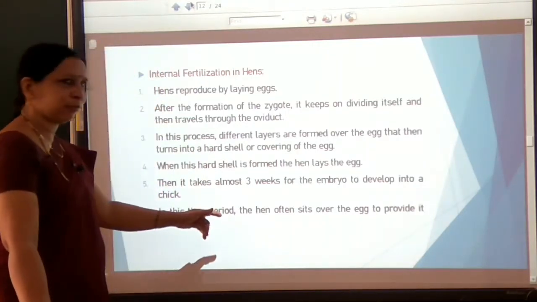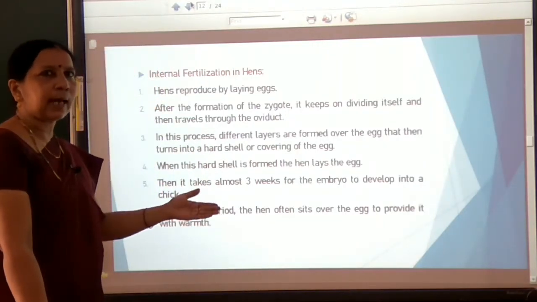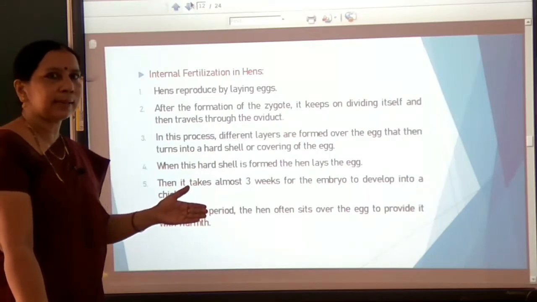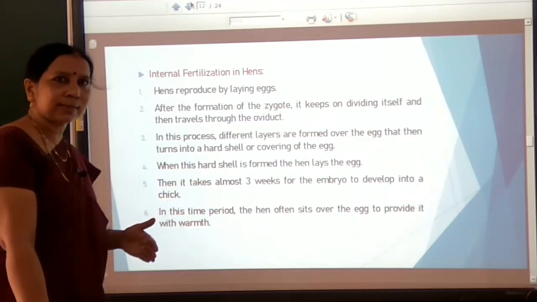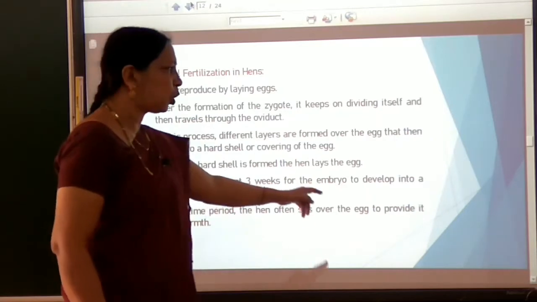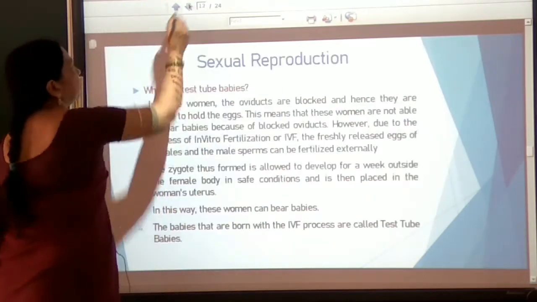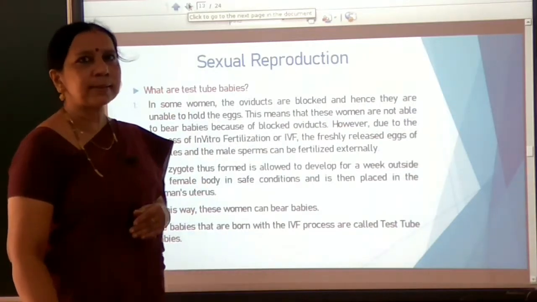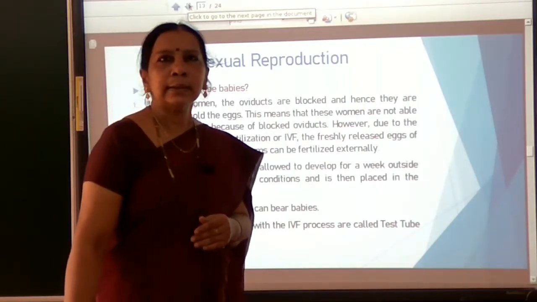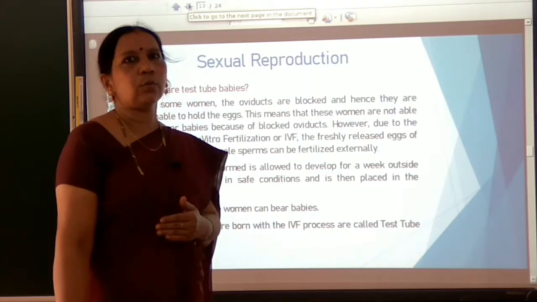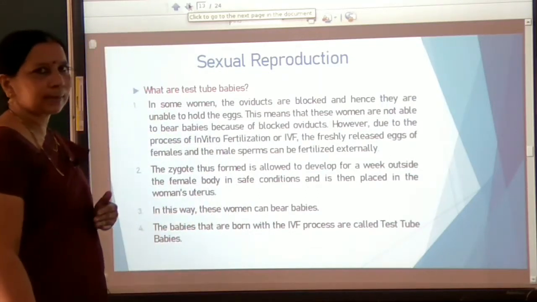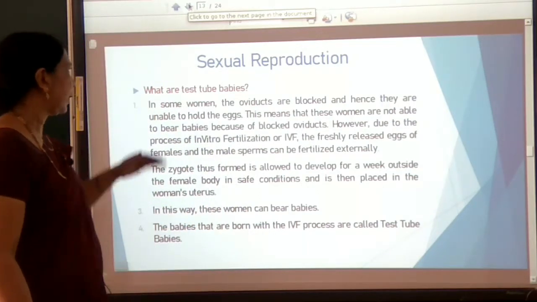So when they lay eggs, 3 weeks time is needed, I said, no. During this 3 weeks time, the hen sits over the egg to provide it sufficient warmth. Then the young ones are hatched from the eggs.